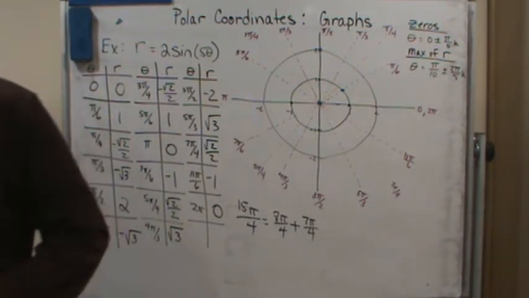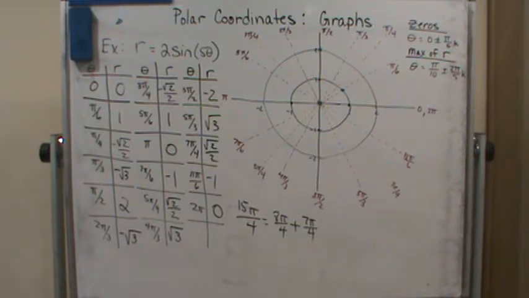Now, let me find the approximate value of square root of 2 over 2. Okay, so hold on. Is this degrees?